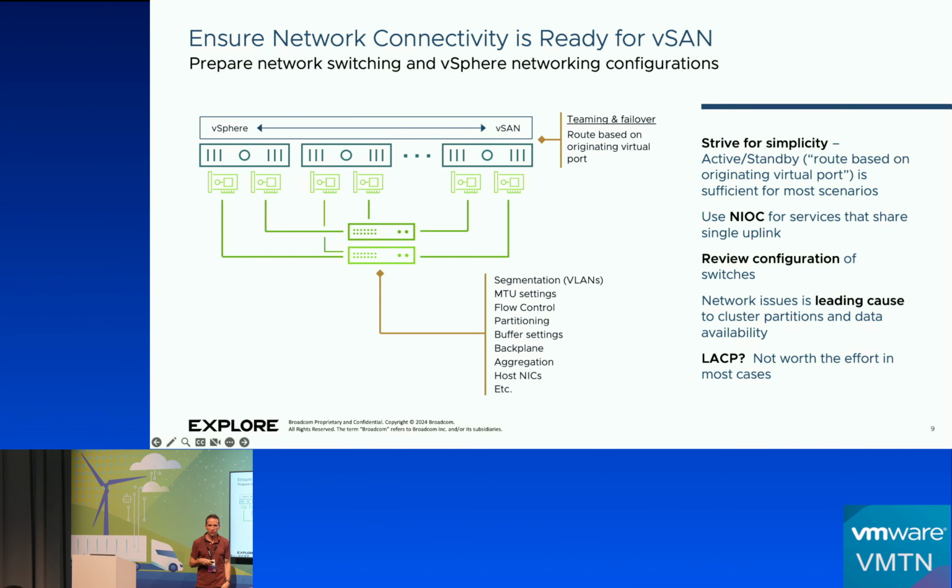Now, next up, of course, is LACP. Would I recommend it? Generally, no. There's a couple of reasons why. LACP strives to use as many uplinks that are in that bond, but it's not necessarily a 1 + 1 = 2 scenario. It's a best effort scenario, and it's going to balance that traffic based off of the source and the destination port IDs.